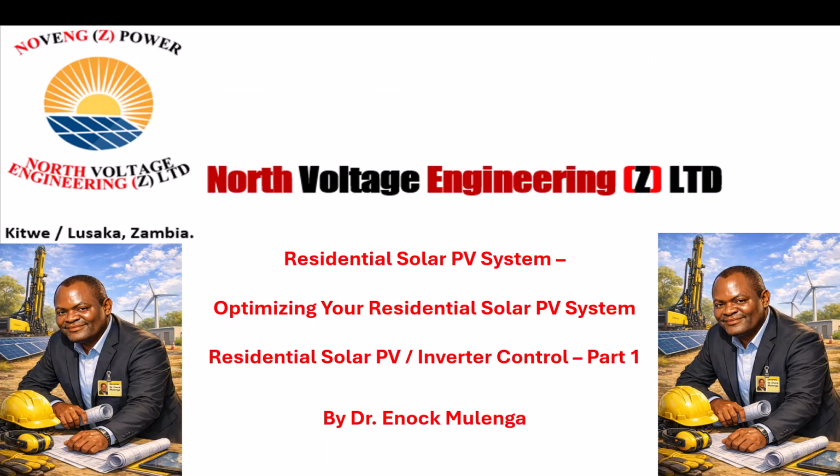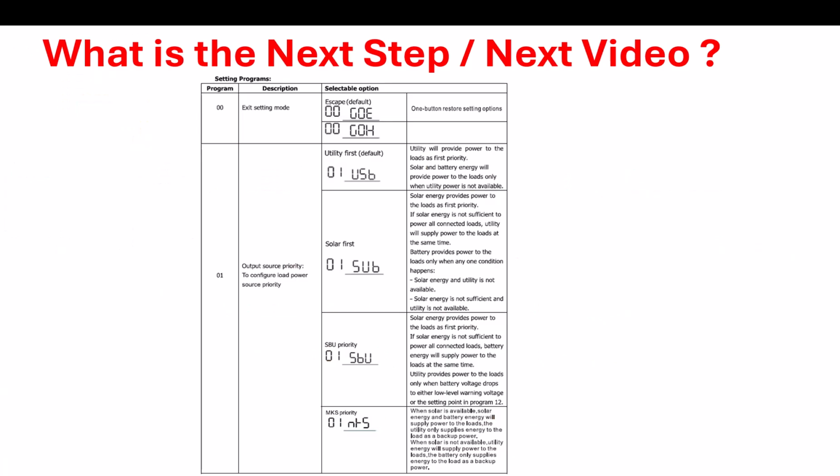So this is the end of part 1, optimizing your residential solar PV system. So in part 2, as earlier alluded, we will now start to look at the first setting, the correct output source priority. How are you going to supply your loads?